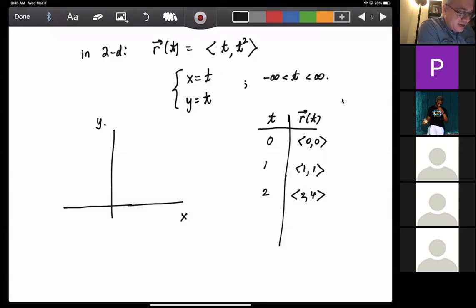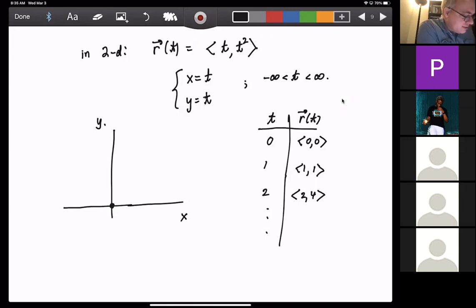Let's plot the ones that we've got so far here. And let's quote unquote plot by thinking of the value of the vector function r of t, right? That vector represents the position vector of a point on the graph of the function.